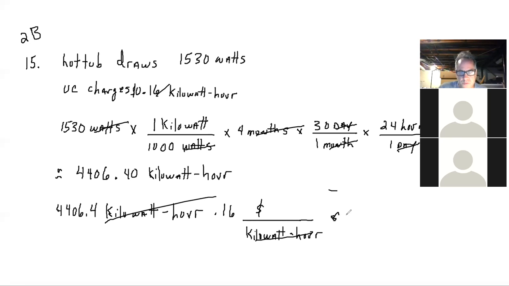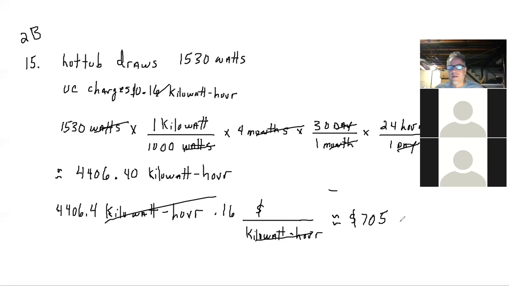So that's where I use the squiggly equals sign, because we're approximating. The actual answer there is 705.024. We're going to round that to about $705.